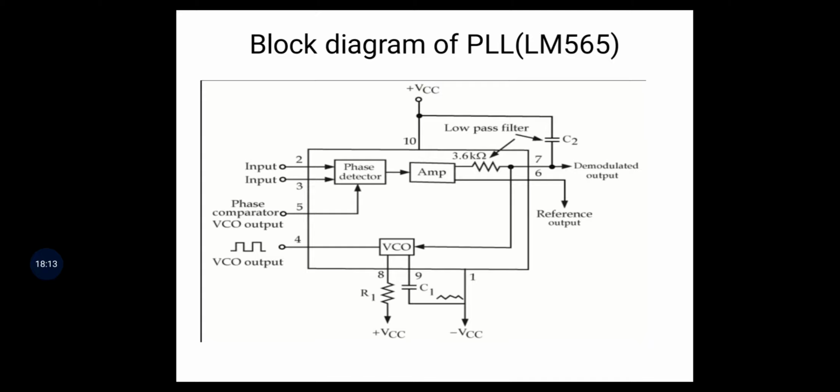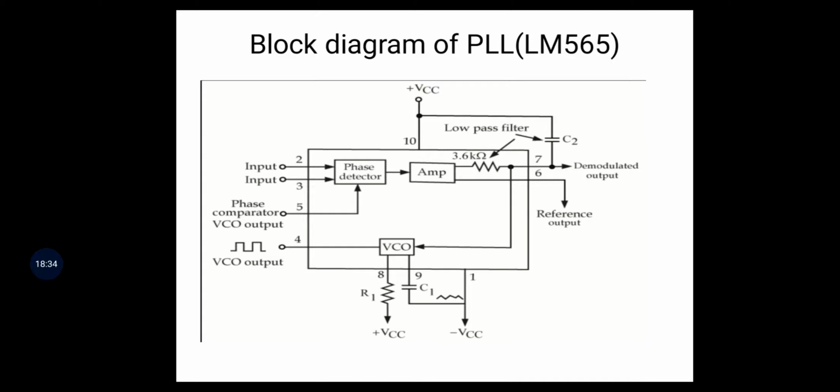The DC voltage is then amplified and applied through a low pass filter to control the input voltage of the voltage controlled oscillator.